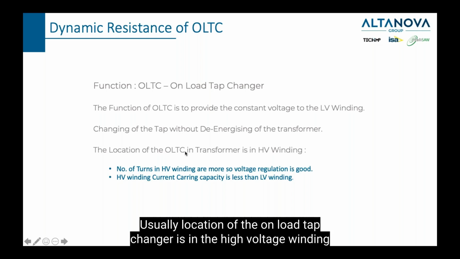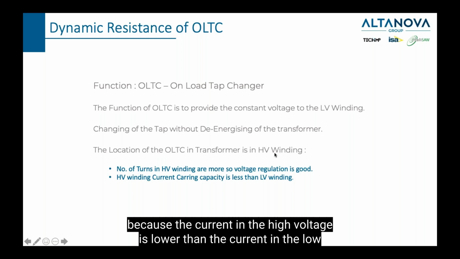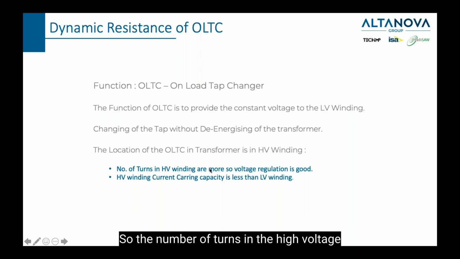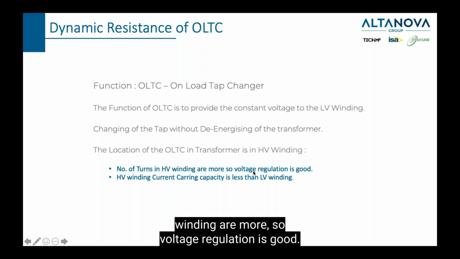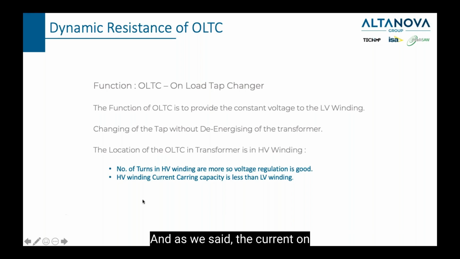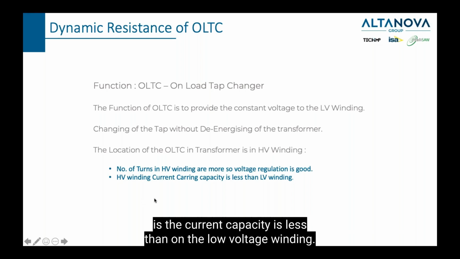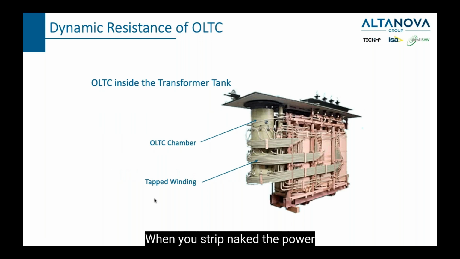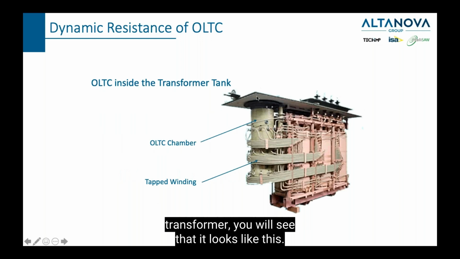Usually, location of the on-load tap changer is in the high voltage winding, because the current in the high voltage is lower than the current in the low voltage, and current is the parameter to take into consideration here. So the number of turns in the high voltage winding is more, so voltage regulation is good, and as we said, the current capacity is less than on the low voltage winding. When you strip naked the power transformer, you will see that it looks like this.